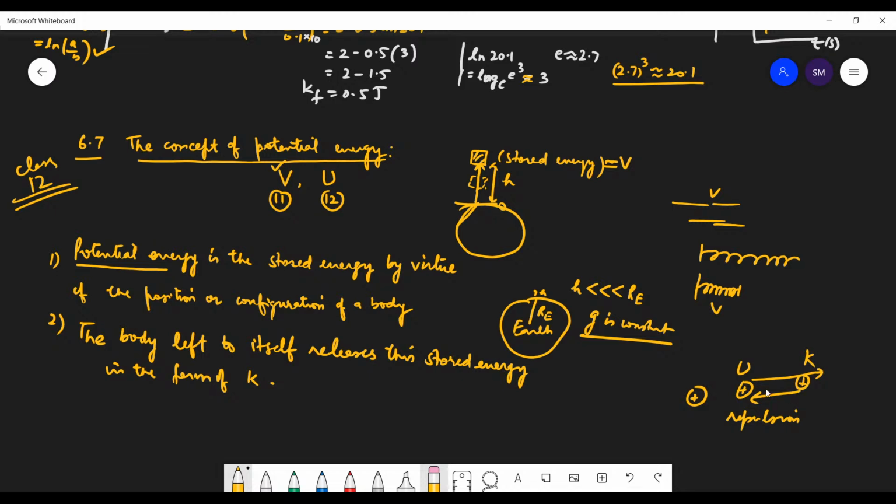Here you were doing the work against the electric field, and there you were doing the work against the gravitational field. So whenever you do work against the gravitational field, gravitational force or electric force, the work that you are doing is stored in the form of potential energy. This is what we are going to study in detail.